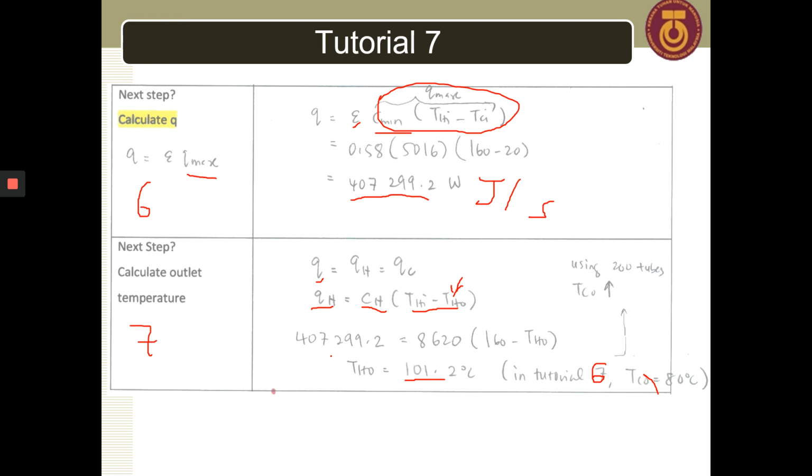Oh, I forgot to calculate it. Okay, let's calculate it together. So if this is for THout, what about for TCout? For TCout, I take 299.2 divided by 5016, plus 20.